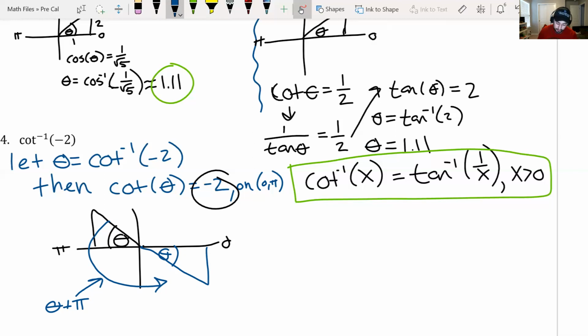So our new formula here is going to be, let me write this down.